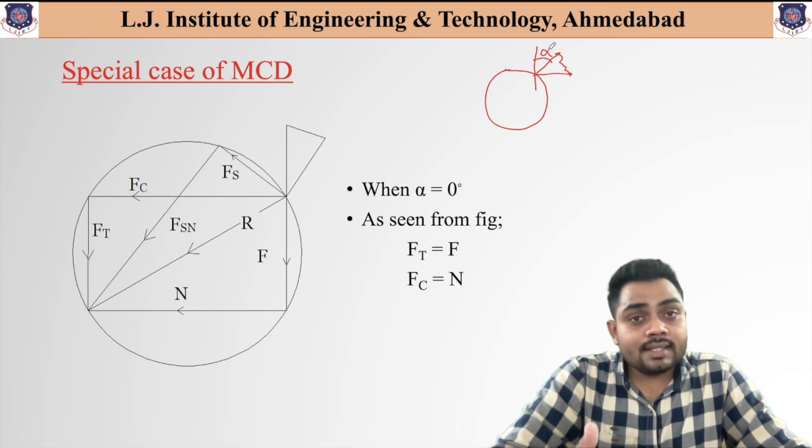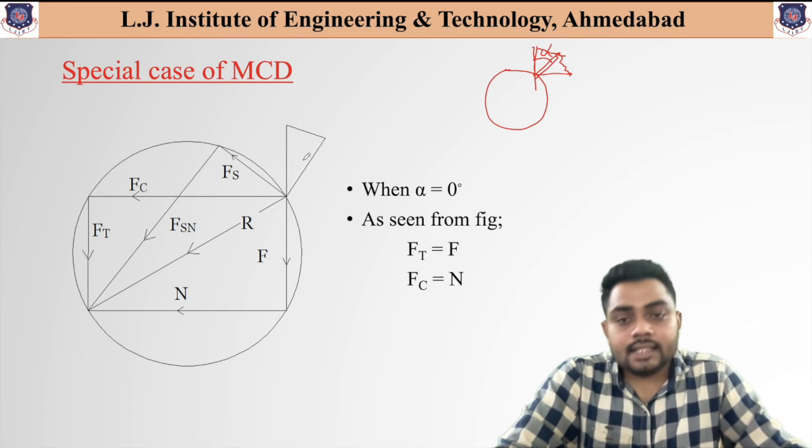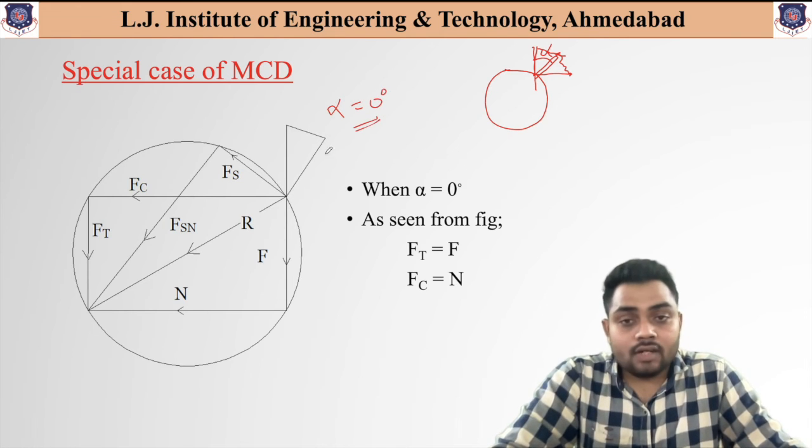But there are certain cases where the tool is straight, meaning in the orthogonal direction at 90 degrees, as shown over here. In such cases the value of alpha becomes 0 degrees.